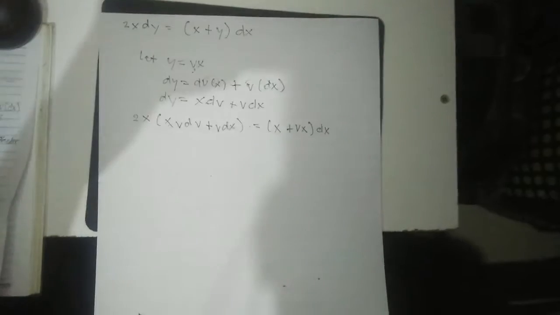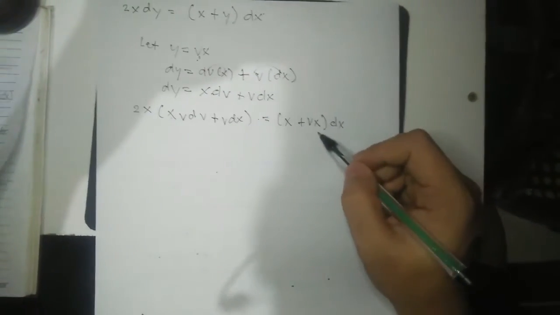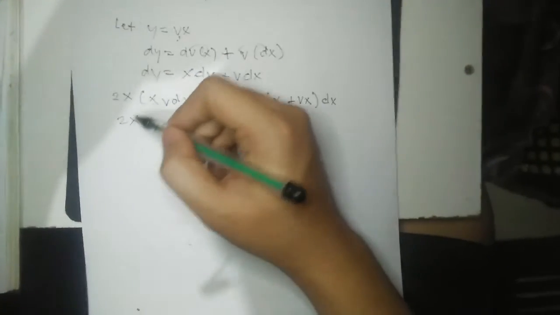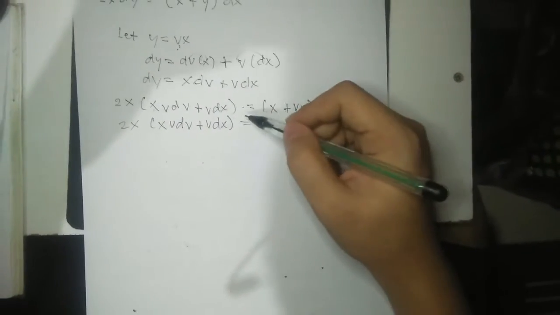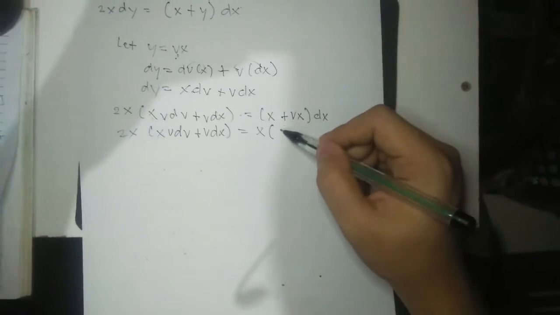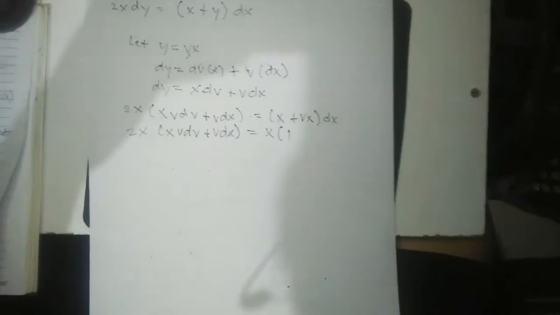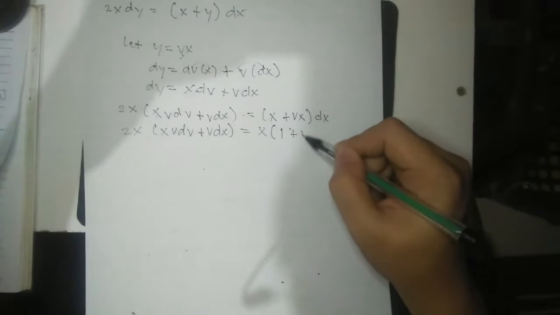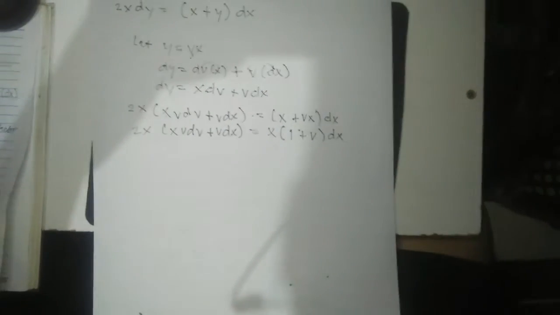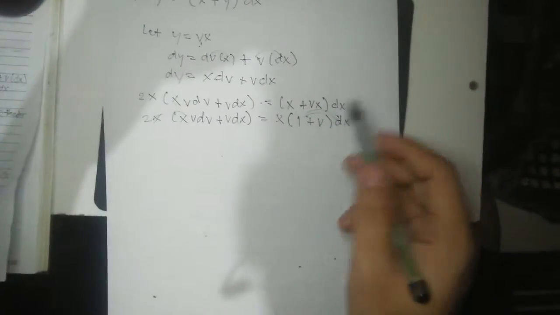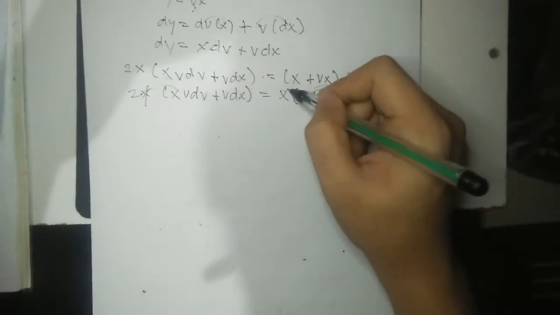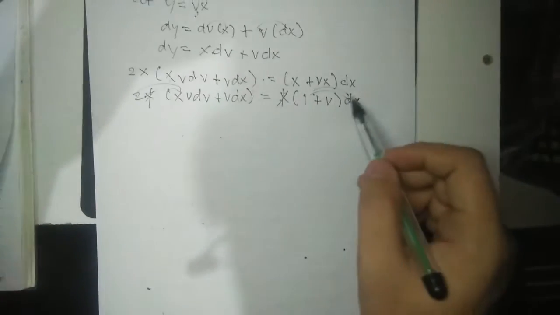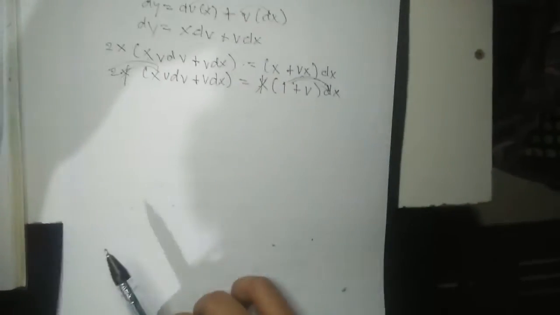As we can see here, we can factor out the x, which will become x times (1 plus v) dx. Using distribution, we can cancel the x and distribute them.